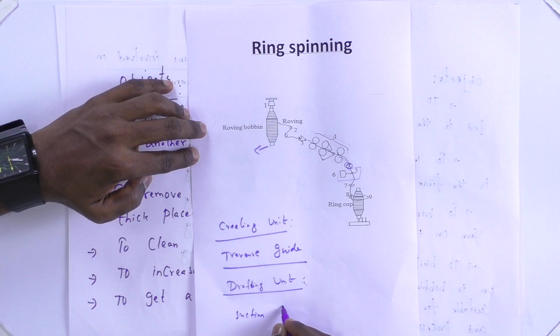In order to avoid that, nowadays we are using the auto doffing procedure, which increases the efficiency of the machine, and also we can reduce the waste while piecing the ends. And nowadays the spindles are friction free spindles, so we can go up to more than 20,000 rpm in the ring spinning machine.